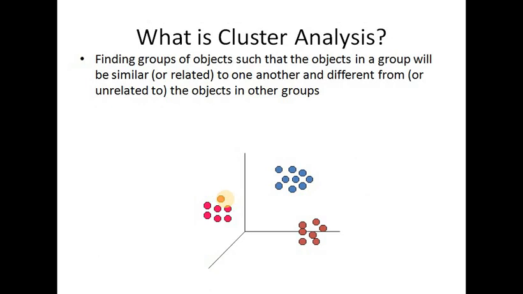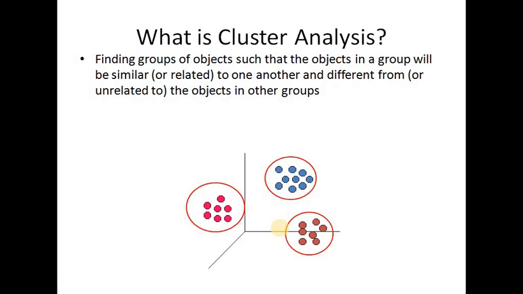This is the representation of cluster analysis: finding groups of objects such that the objects in a group will be similar or related to one another, and different from the objects in other groups. As you can see, there are three different groups.